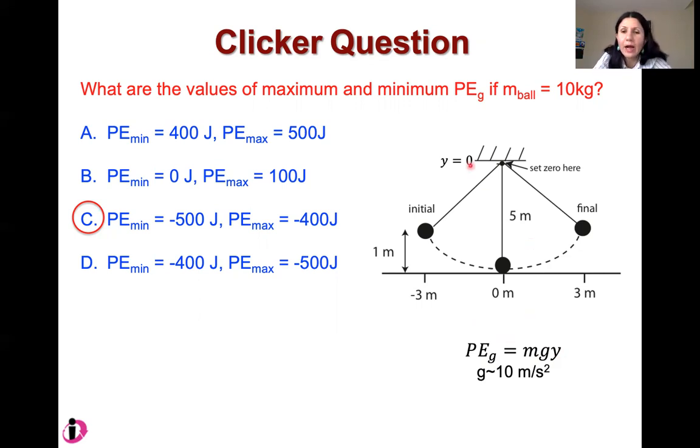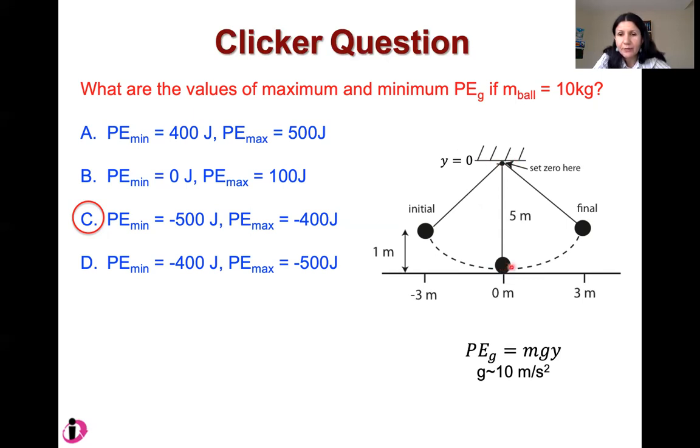Because we chose our y equals 0 to be at the ceiling, what does that tell us? What's the lowest position at this location? It's going to be at location -5. So right here, y equals -5. Make sure you understand that.